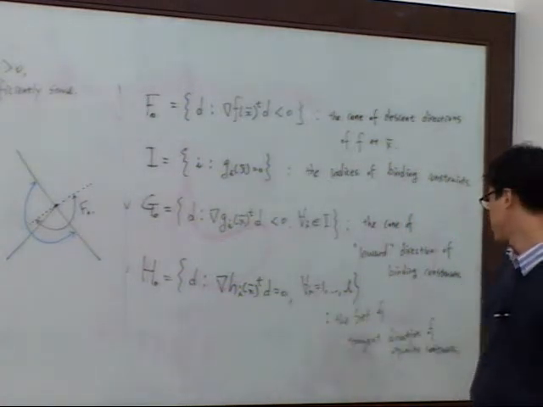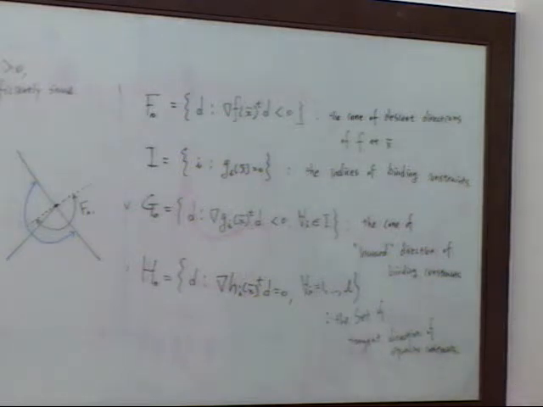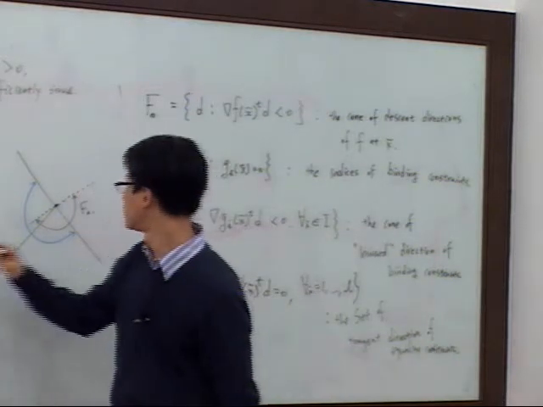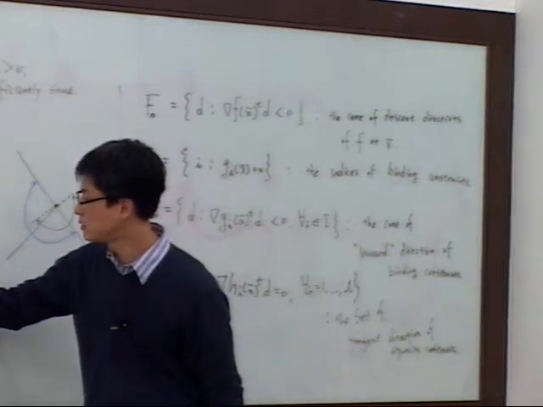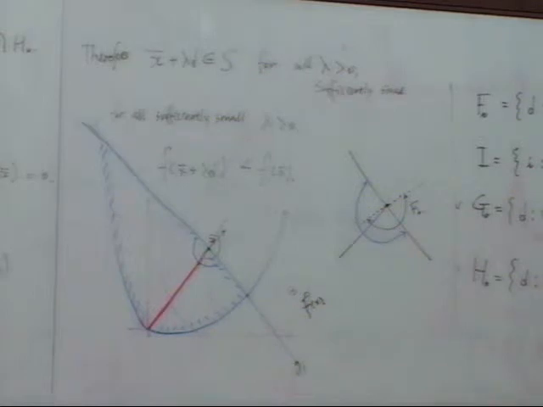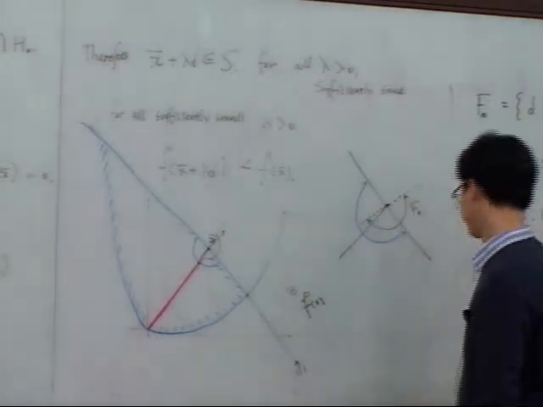And H0 is the set of tangent directions of the equality constraint. What's the tangent direction here?